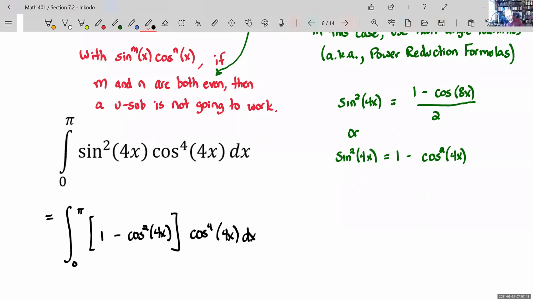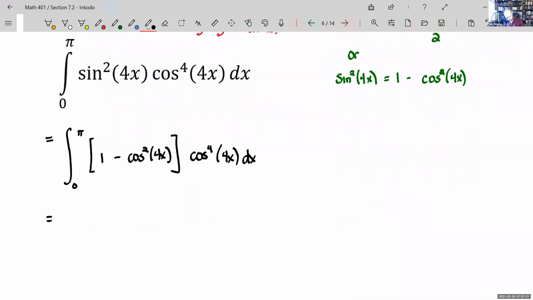If you distribute that through, you're now dealing with the integral of cosine to the 4th of 4x minus cosine to the 6th of 4x dx. There's a little trick you can use here, but I'm not going to yet. And I'll explain the trick when we get to the end and why that trick is somewhat powerful here.